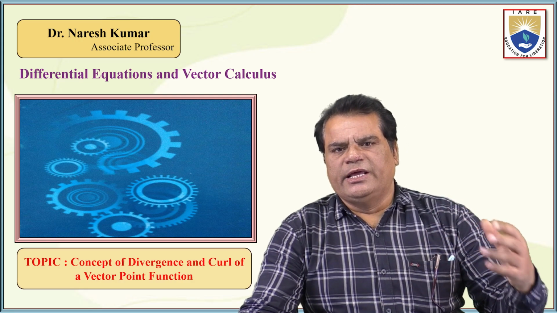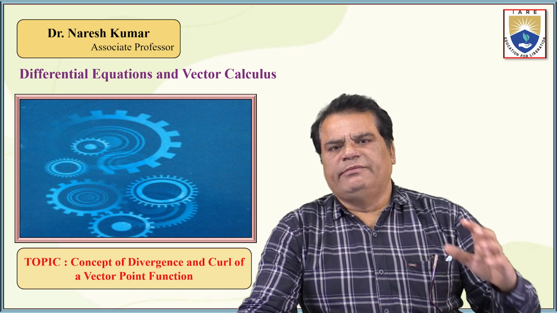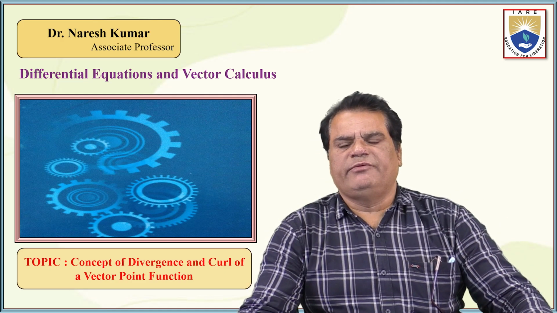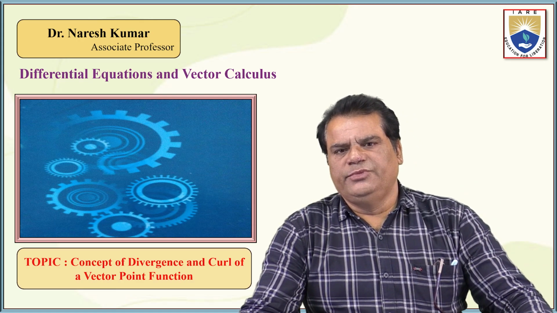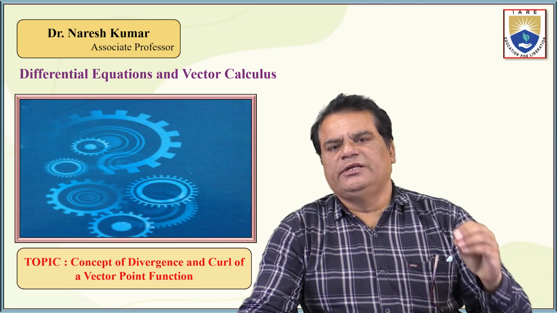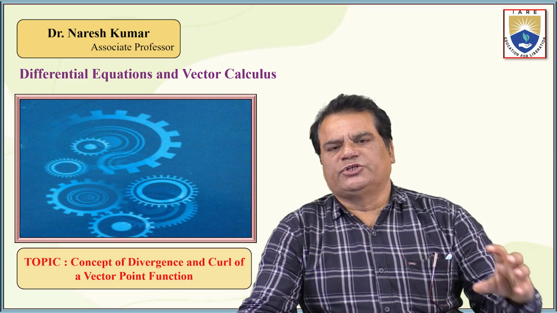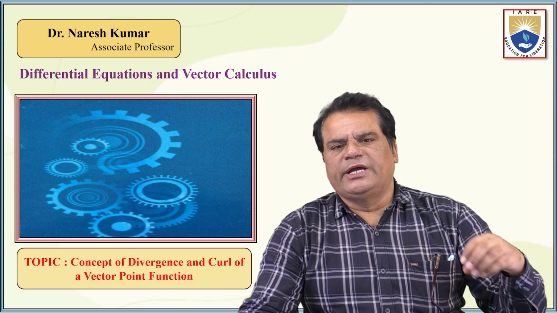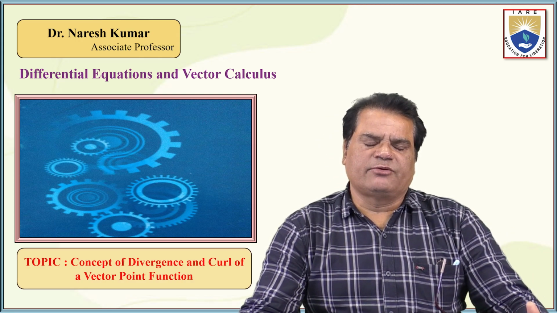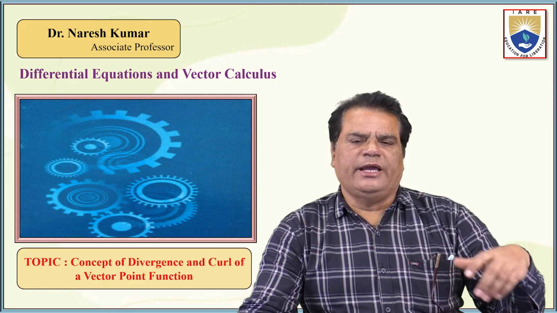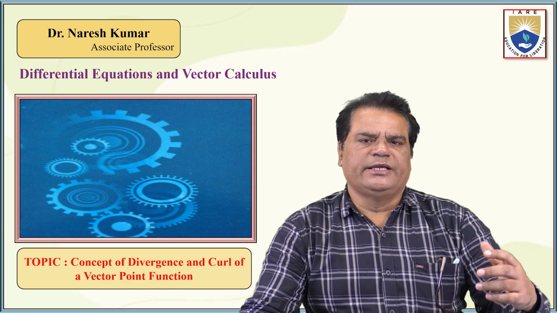Divergence is known as a scalar and curl is known as a vector, because in divergence there is a dot product, but in curl we are using a cross product. If we are using a cross product anywhere, then we get a vector quantity. If we are using a dot product between 2 vectors, then we get a scalar quantity.